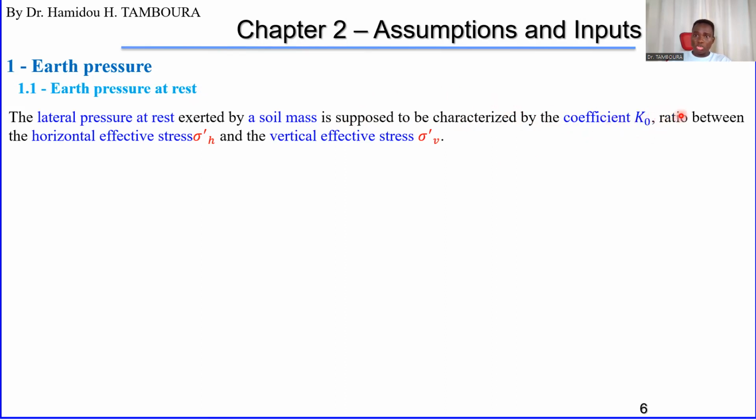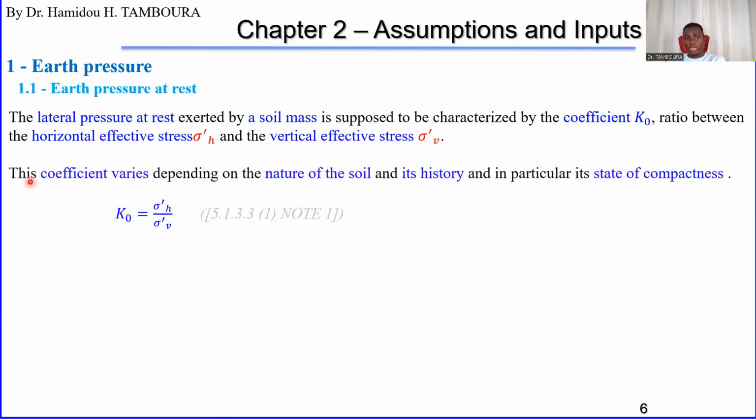So this is the ratio between the horizontal effective stress, sigma prime H, and the vertical effective stress, sigma prime V. I think you know that already. So K0 is this sigma prime H divided by sigma prime V: horizontal effective stress and vertical effective stress.